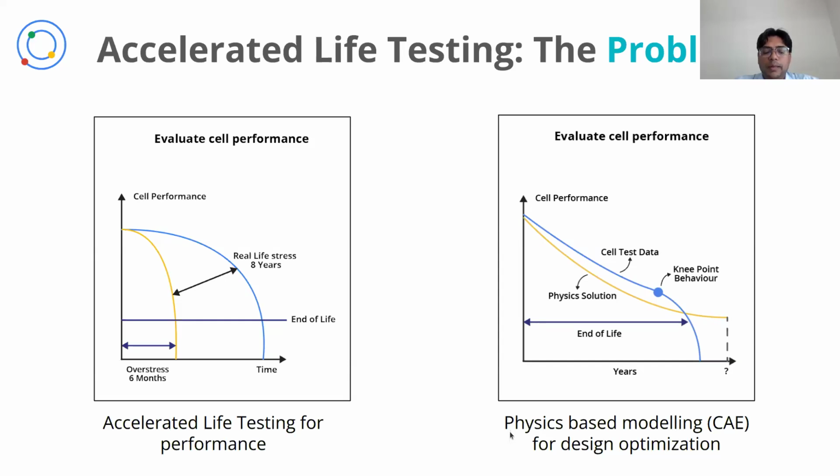So both of them in the standalone way have their own challenges. We at Urja, what we do is we combine both of these together to get the insights from the test data as well as insights from the physics-based models and try to get accurate estimates on the life of the batteries.